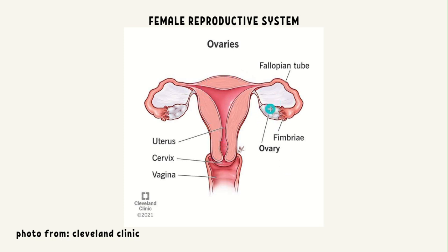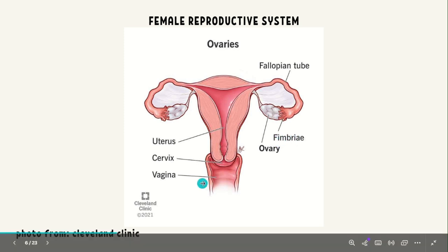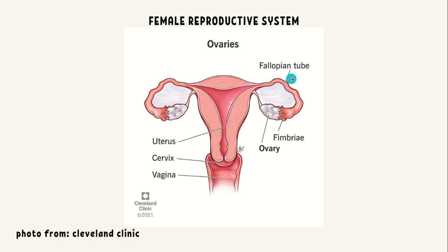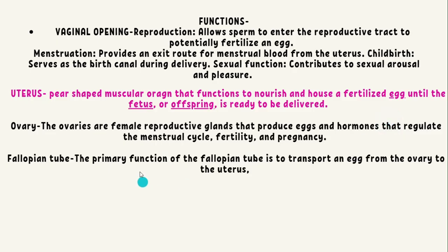This is the ovary, this is the fallopian tube, and this is the fimbriae. You don't necessarily have to know this one right here, but everything else, the vaginal opening, the cervix, the uterus, the fallopian tube, and the ovary, I would suggest you know how to draw this, or at least have a mental representation in your mind of exactly how it looks.